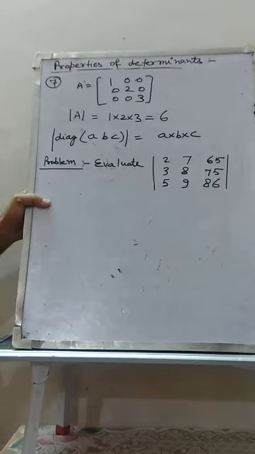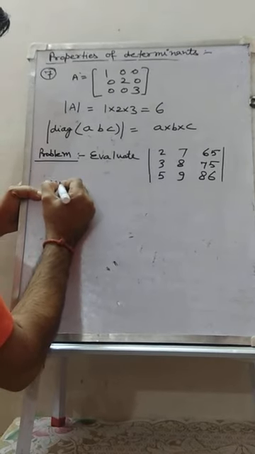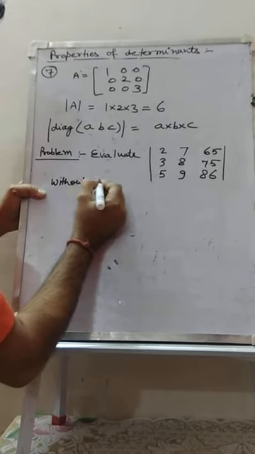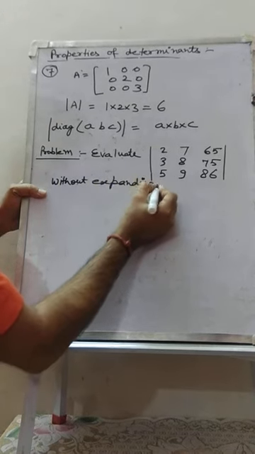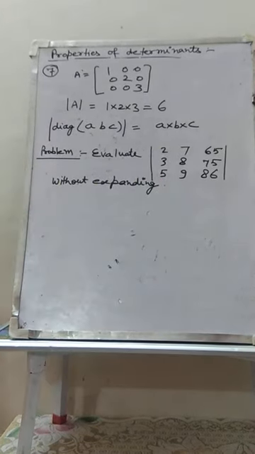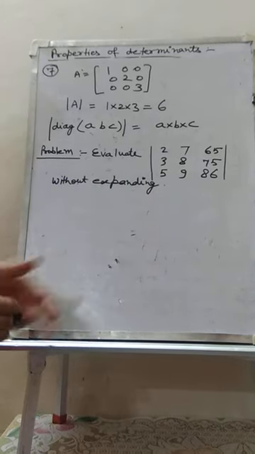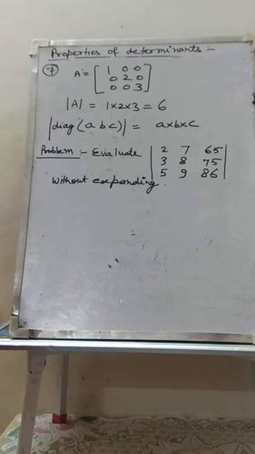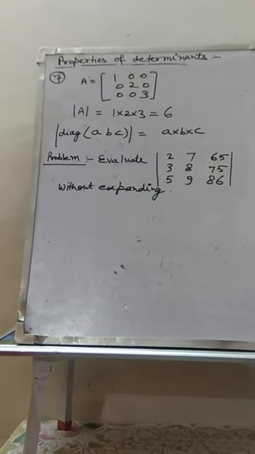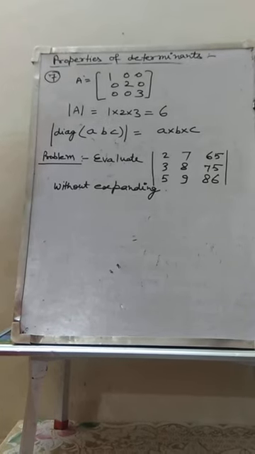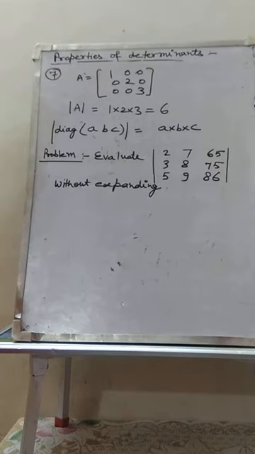Evaluate this determinant without expanding. So if we want to find the value of it, it is very easy. Without expanding, we can find its value. How? For this one, we have to see the relations between some rows and columns.